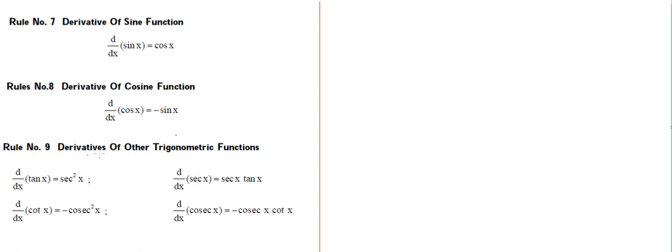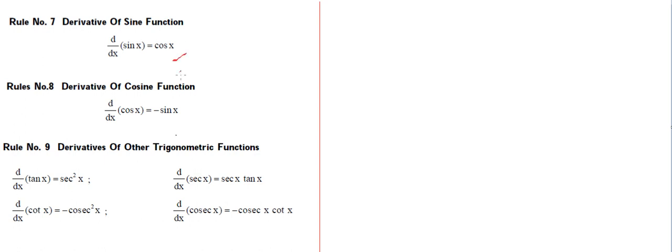And the next rule covers other trigonometric functions. If we differentiate tan x, it becomes sec square x. If we differentiate sec x, it becomes sec x tan x. Similarly, cot x comes out to be minus cosec square x, and cosec x comes out to be minus cosec x cot x. So these results have to be understood, digested, and practiced.